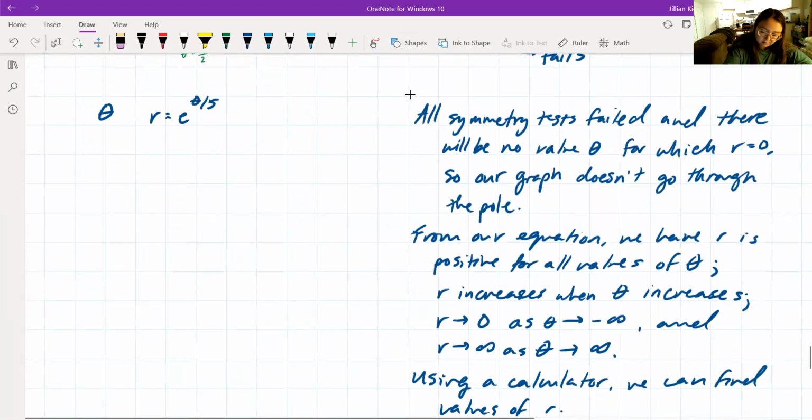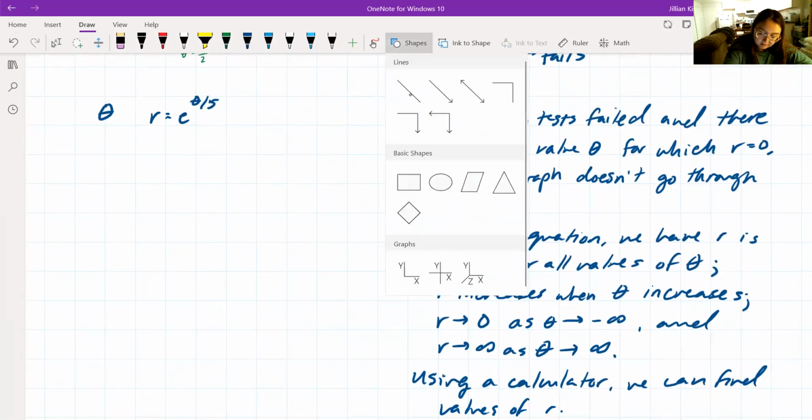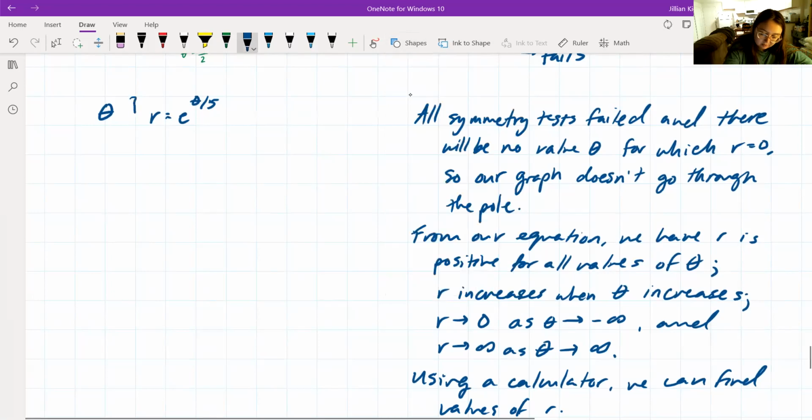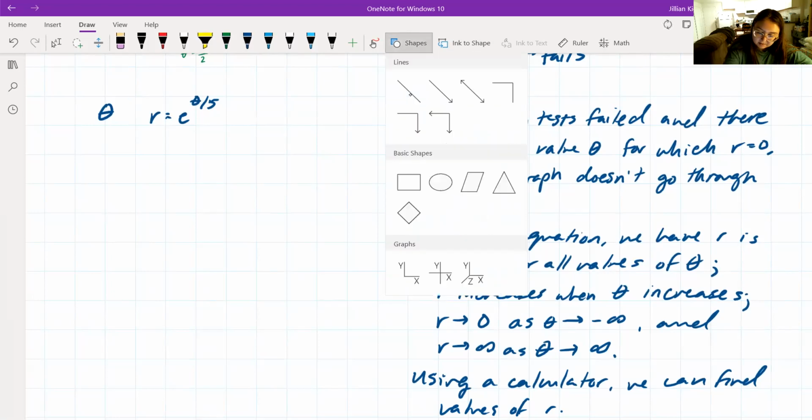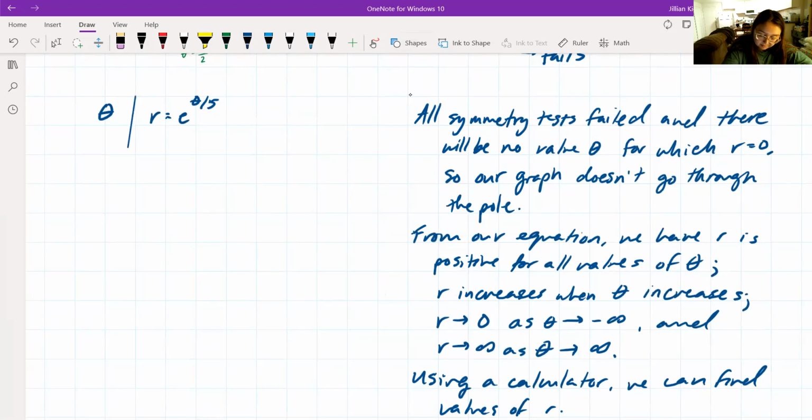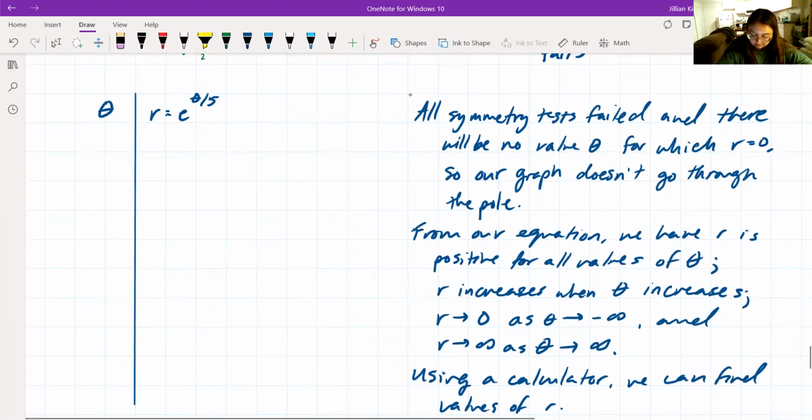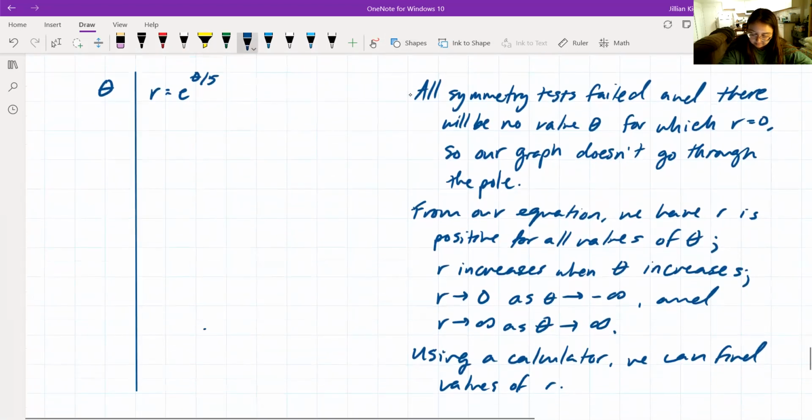We're going to include quite a few values here. We just want to make sure that what we're doing is going to be correct.